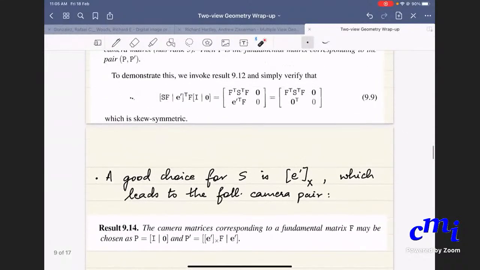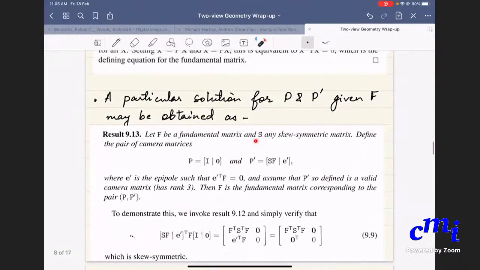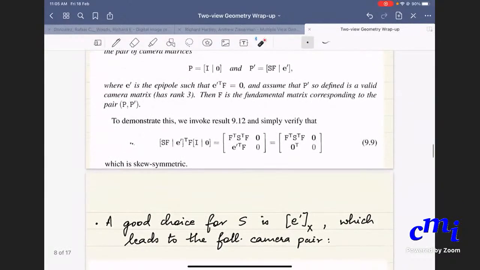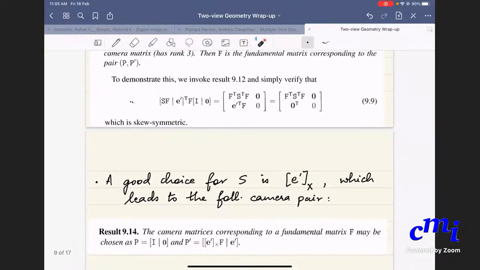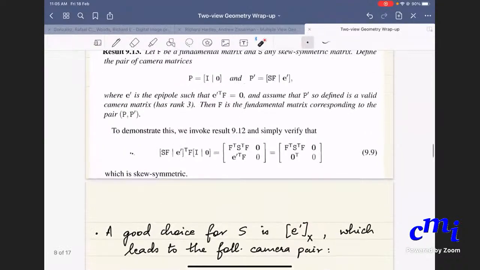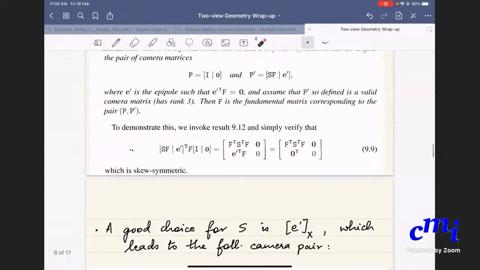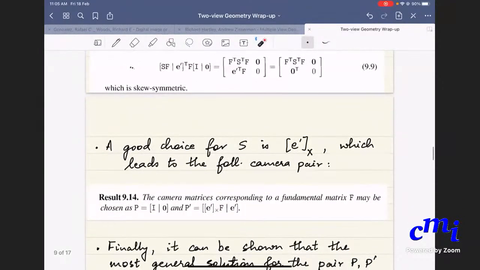One is that, instead of taking any S, so this works for any skew symmetric matrix, but you can make a particularly good choice of S, which is E prime cross. We already have the epipole, so why not take S to be E prime cross? We know that this is going to be a skew symmetric matrix.